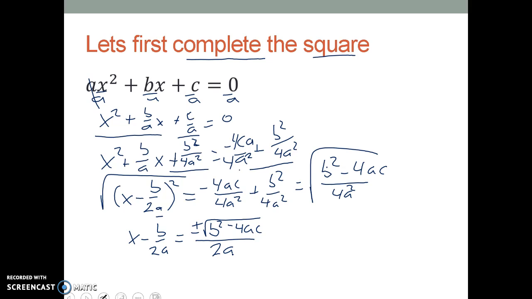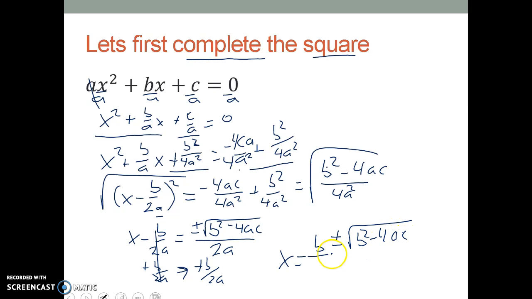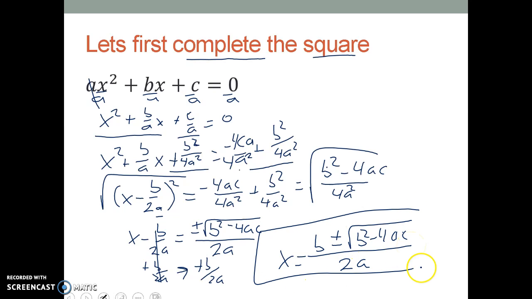Then if I subtract b over 2a from both sides, these will cancel, and I will have x equals negative b plus or minus the square root of b squared minus 4ac, all over the common denominator, which is 2a.